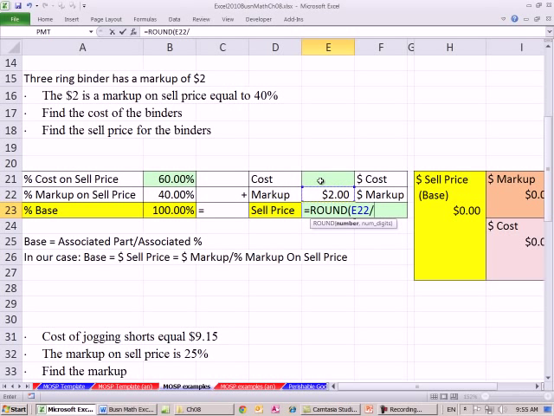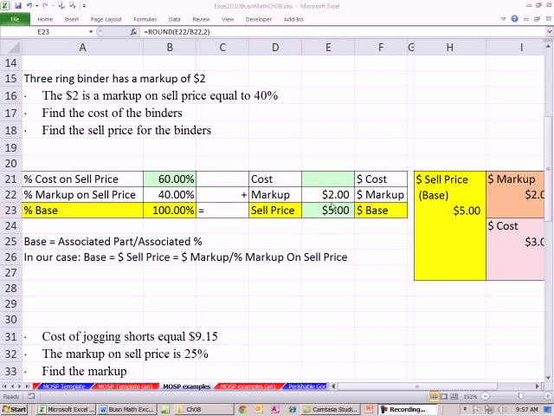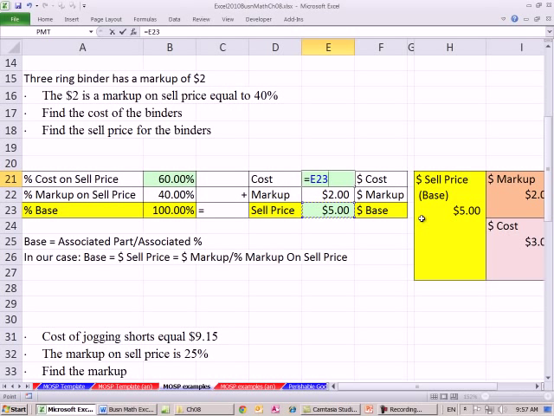Associated part divided by associated rate, comma 2. $5. So now we have two parts on this side. So we can simply go, hey, give me the sell price minus whatever the markup is, and that'll give us our cost. So from 2 bits of information, we're able to, with our template and our knowledge of our formulas, calculate all the information. Let's look at our third example.